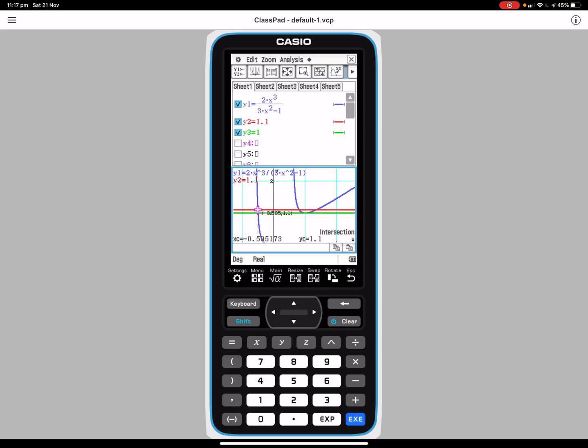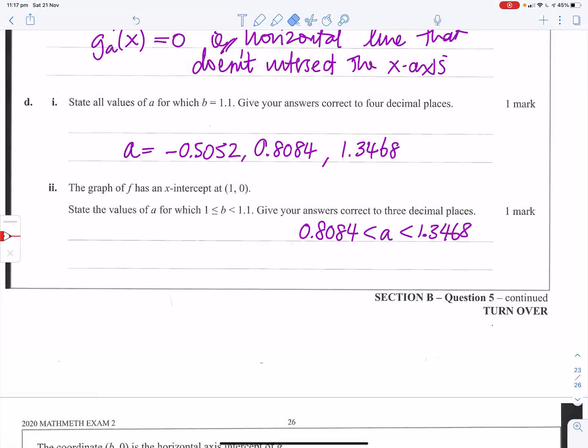So that's negative 5.502, and that's equal to 1.1. Negative 5.5052. It can't be equal to because that's 1.1.